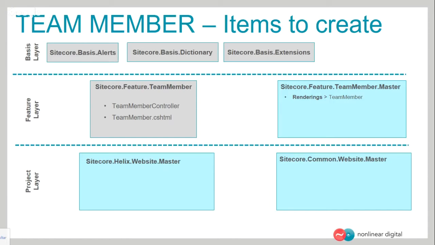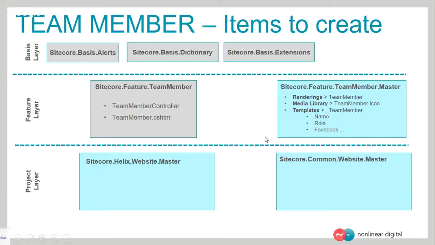In the team member master TDS project, we are going to store our rendering, the media library, the icons of the media library, and the template, the single template that is going to have our fields. So name, role, Facebook, LinkedIn, and so on and so forth, right?